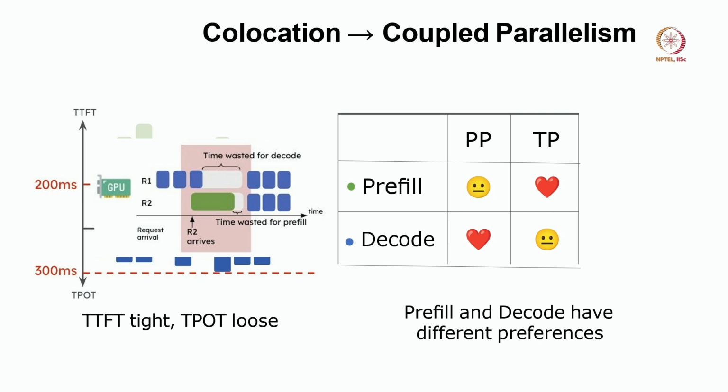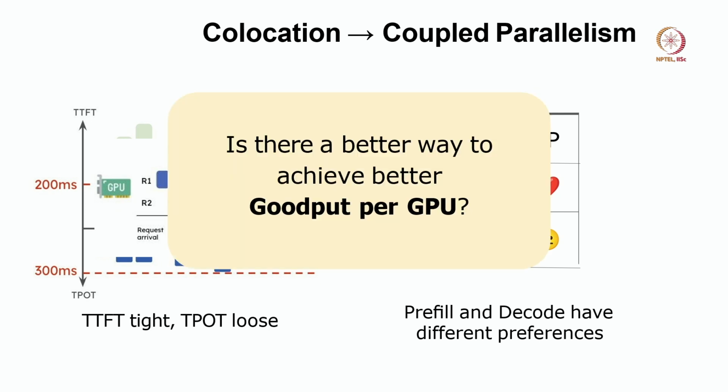Decode is good for pipeline parallelism, but decode is less arithmetic intensive, right. The arithmetic intensity of decode is less, so tensor parallelism is probably not so good for decode. We have barely any chance to segment the decode computation and map it onto different GPUs, right. So, is there a better way to achieve better goodput per GPU?